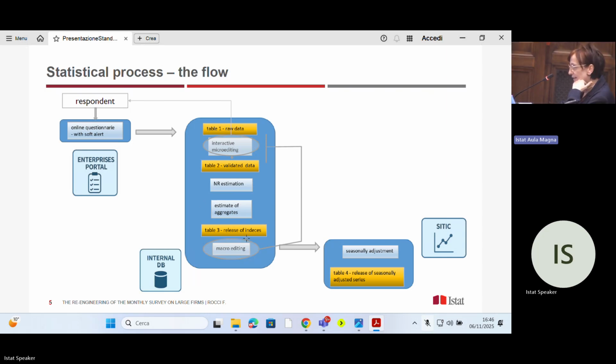From the macro editing, in the case they would still find some error, they would go back to the micro editing and then go again: correct, validate, or recall the respondent. Once the indexes are released, they go to the seasonal adjustment to finally also release seasonally adjusted series. All the seasonal adjustment processes run on another server with other software.